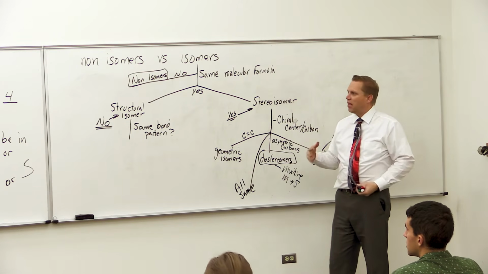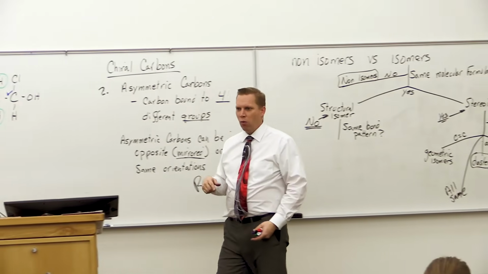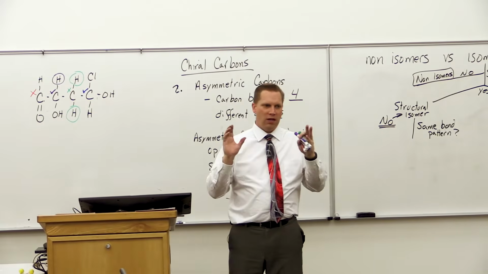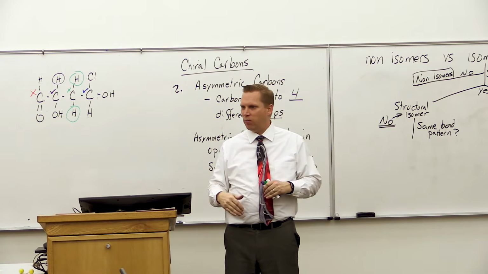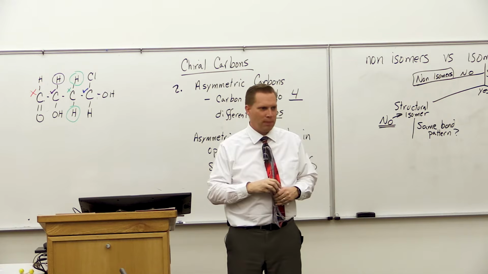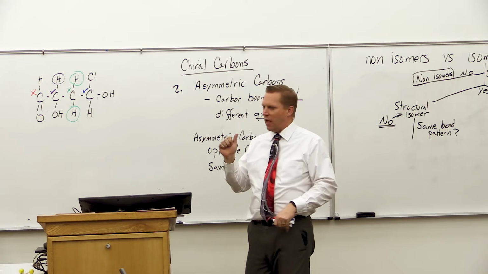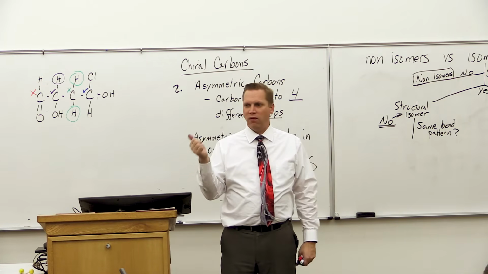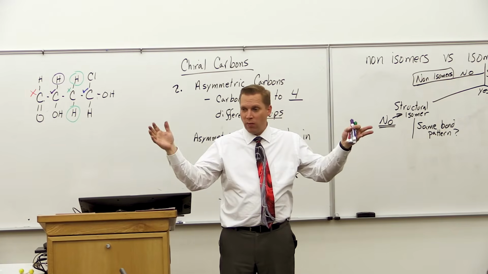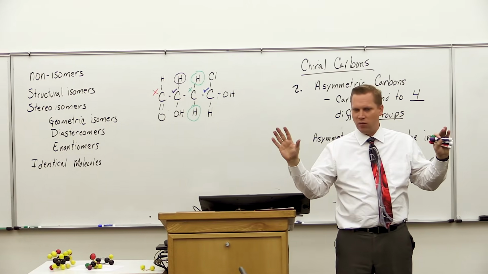So, let's summarize for a second what we've learned, and then we'll put some different molecules from the worksheet on the board, and I'll walk through one or two examples of going through these steps. Okay? So, we have learned that there are different types of isomers. So we have just isomers, and then isomers can be divided into stereoisomers and structural isomers.